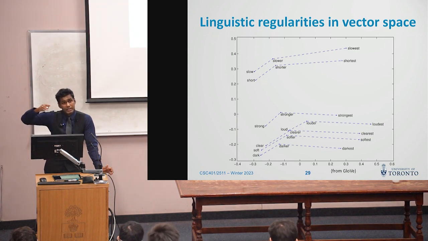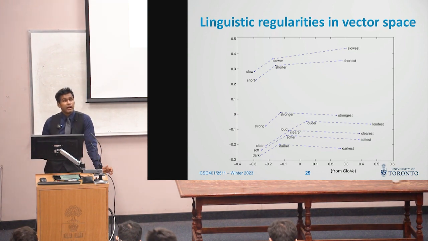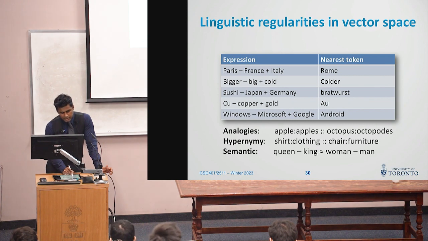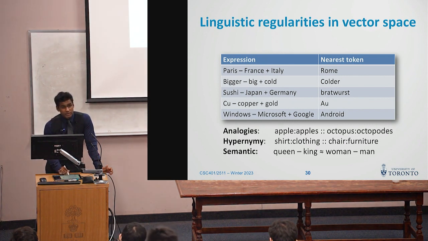They maintain the same kind of pattern. This is really fascinating because they also hold under semantic arithmetic operations. If you do Paris minus France plus Italy, the nearest token is Rome.